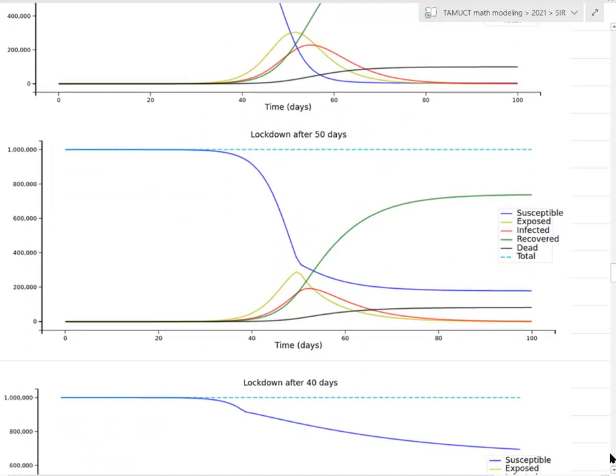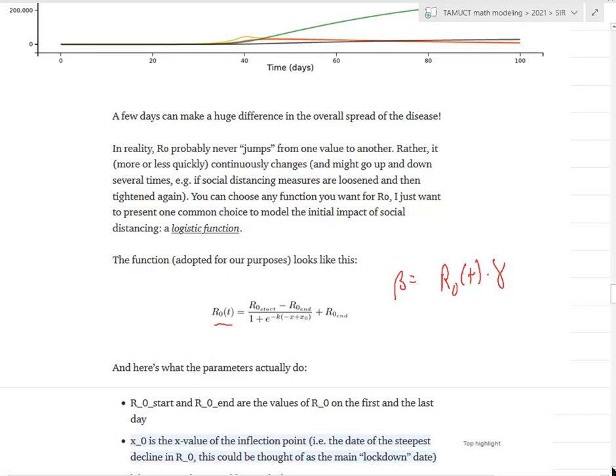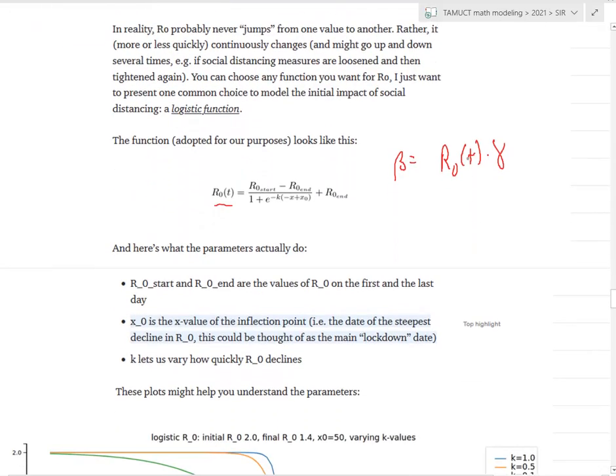So he has lockdown after a different number of days. All right. We should be able to duplicate that. All right. Now here he does a variation of that where his R is a continuous function of time. So again, you would have to program beta equals R naught of t times gamma. All right, so he's treating R naught as fundamental and beta as derived from R naught.